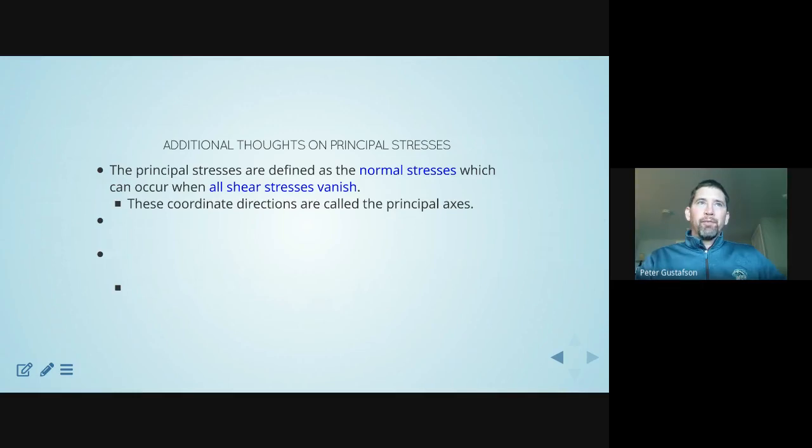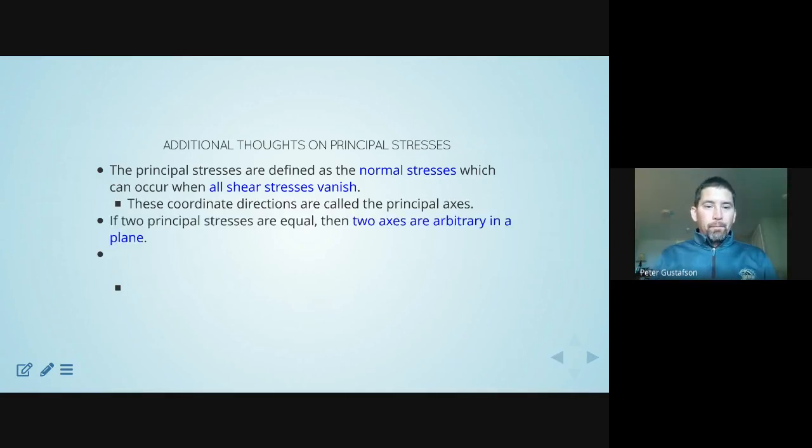They're the maximum values of the principal stress or the normal stress components. This, of course, occurs where the shear stresses vanish. And again, as I mentioned, the coordinate directions are called principal axes. We've identified that previously.